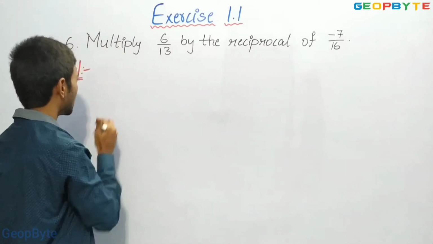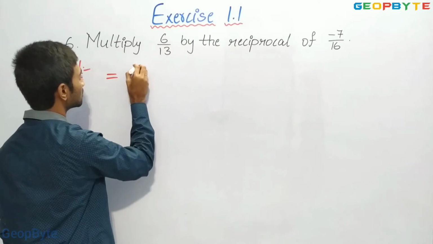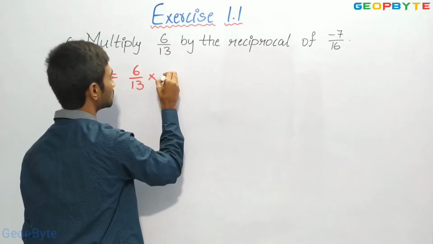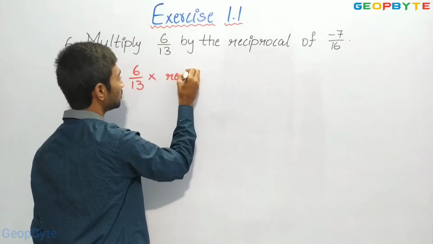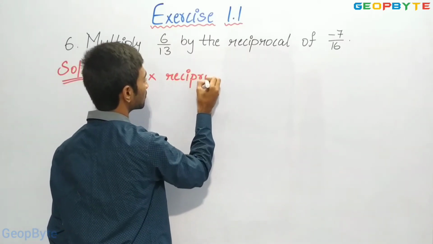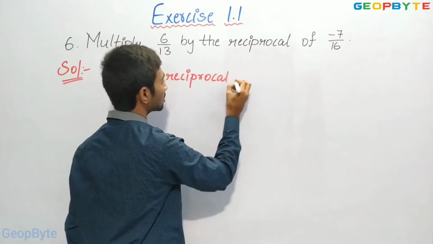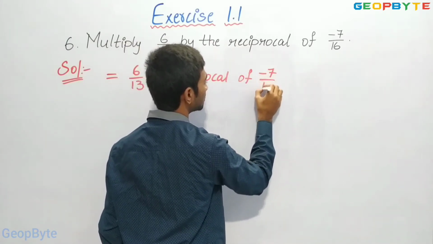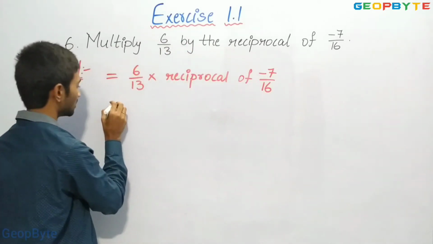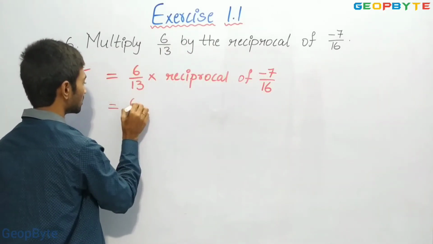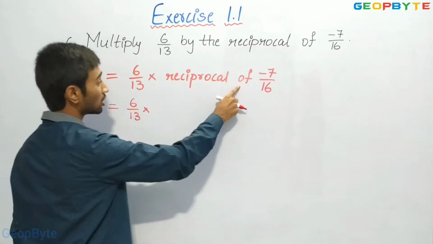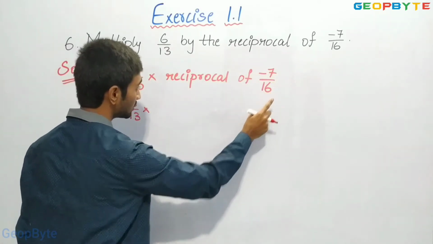So let us write it as 6 by 13 into reciprocal of minus 7 by 16.